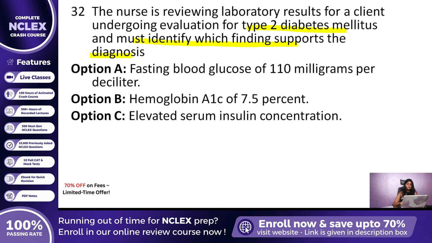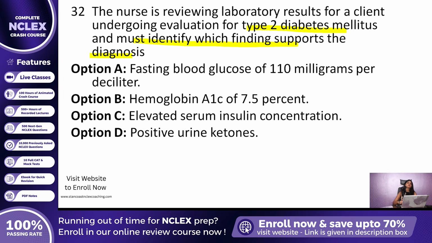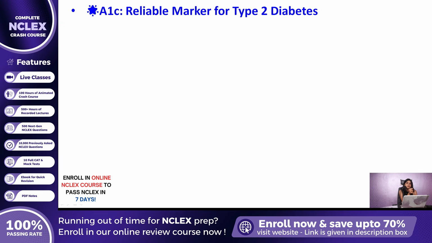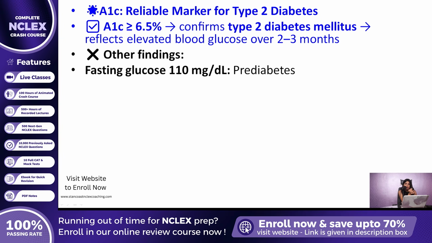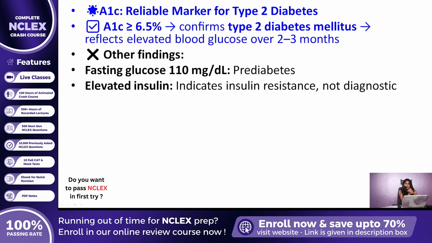The correct answer is option B, hemoglobin A1C of 7.5%. The explanation is that an A1C level of 6.5% or higher confirms diabetes mellitus type 2, reflecting elevated average blood glucose over the previous 2 to 3 months. A fasting glucose of 110 milligrams per deciliter, as in option A, points to prediabetes rather than diabetes.